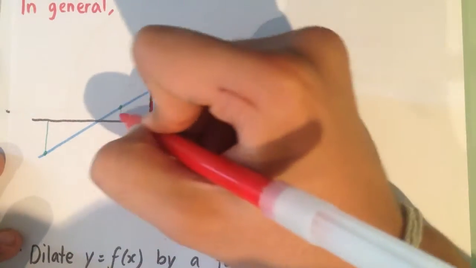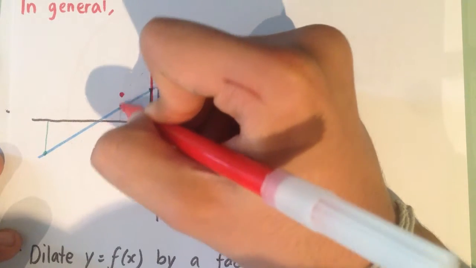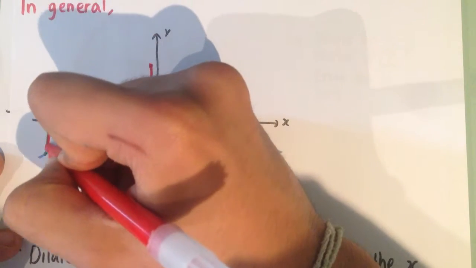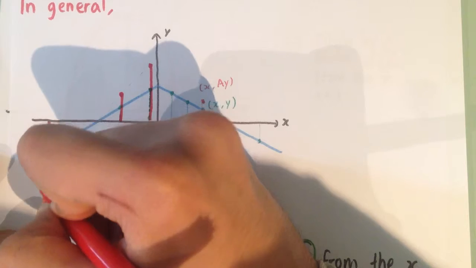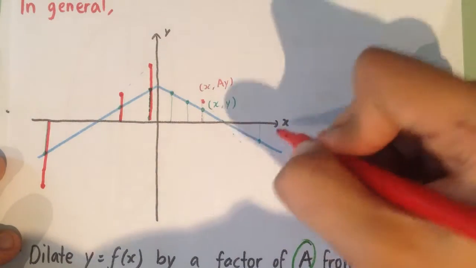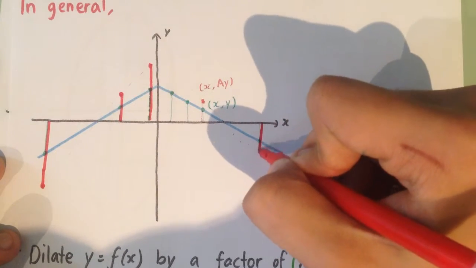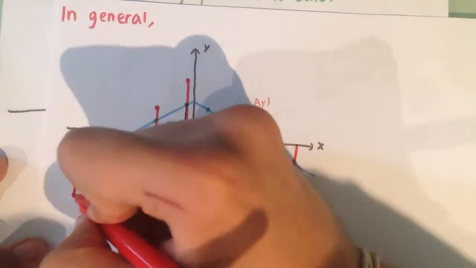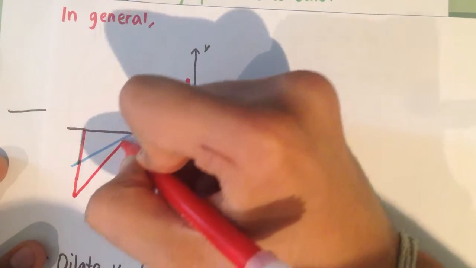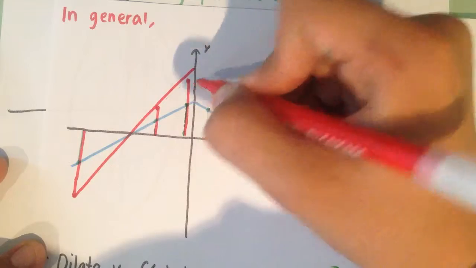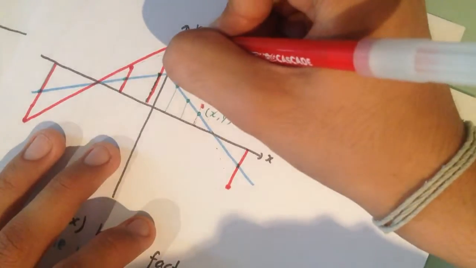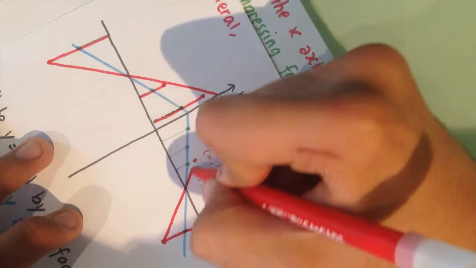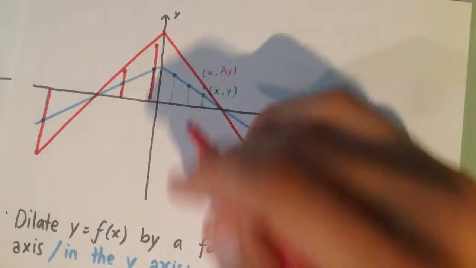And we do that with every single point. All the points are multiplied by a. And then the new function we get will look something like, oh, I missed that point there. Just pretend it's going through the line, and it'll look like that. That's the red function, the new function.